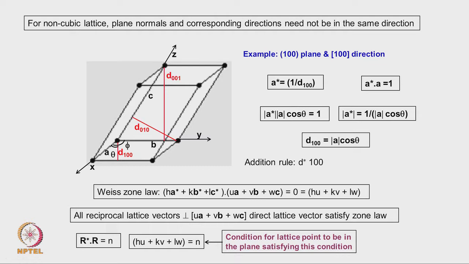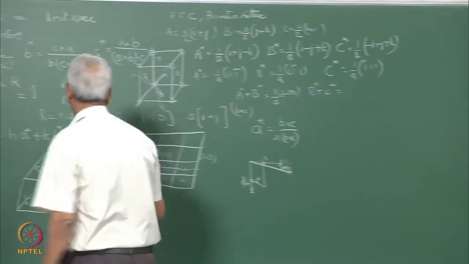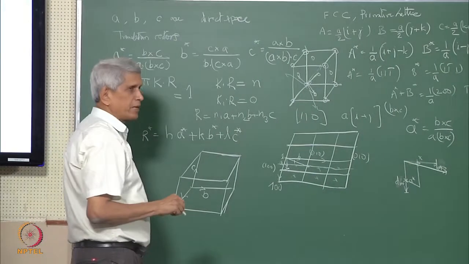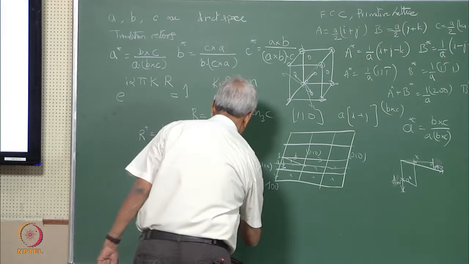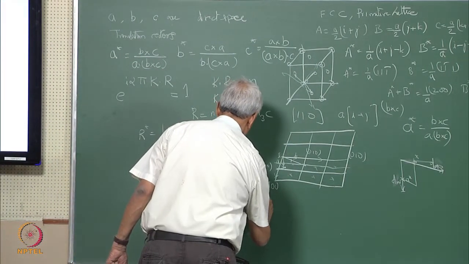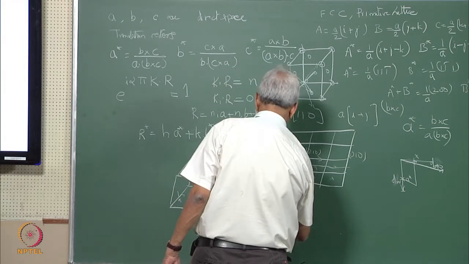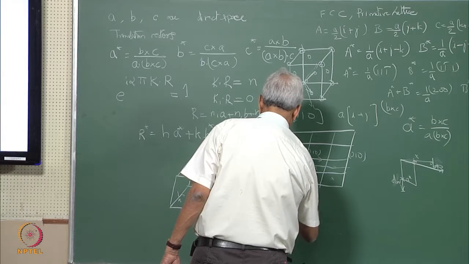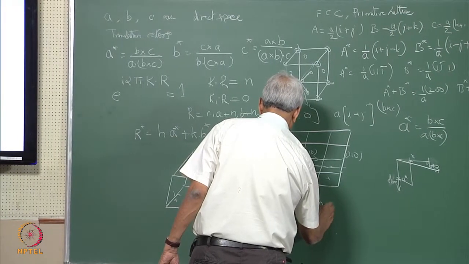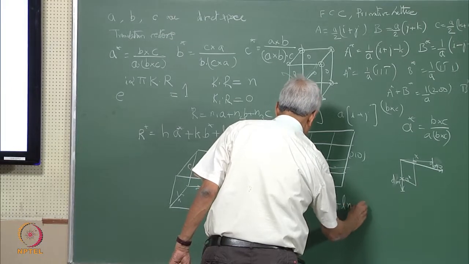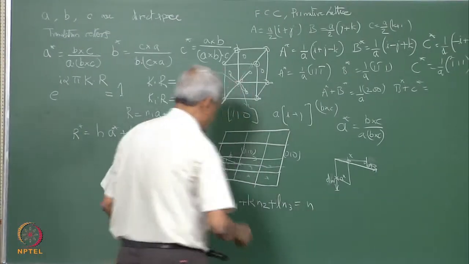Another piece of information which comes: if you take r star dot r, what will happen? Plus k into n3, right? This should be equal to an integer.